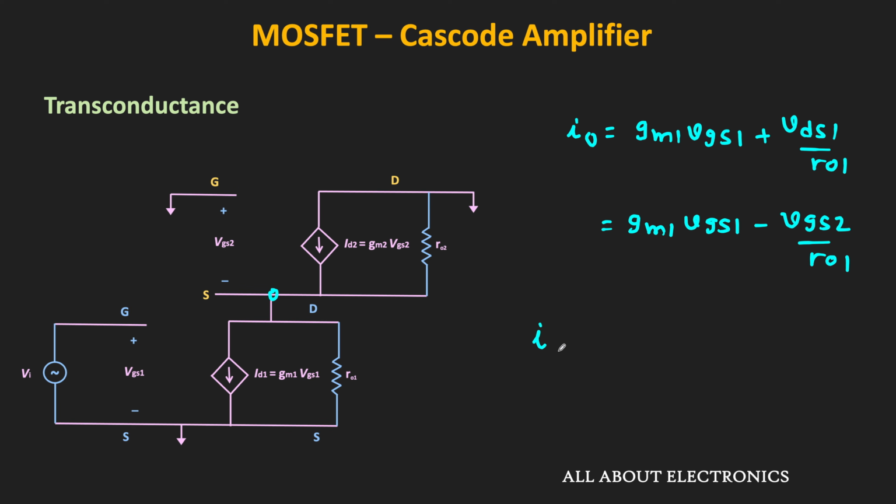That means I0 is equal to gm1 times (Vin minus VGS2) divided by ro1. Let's call this equation number 2.